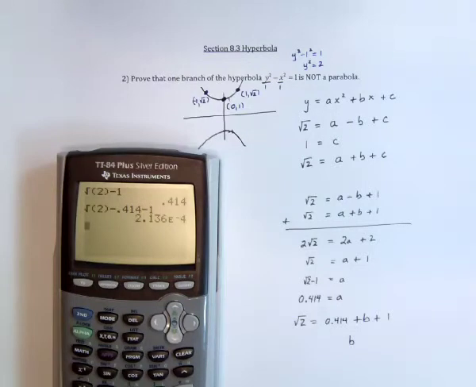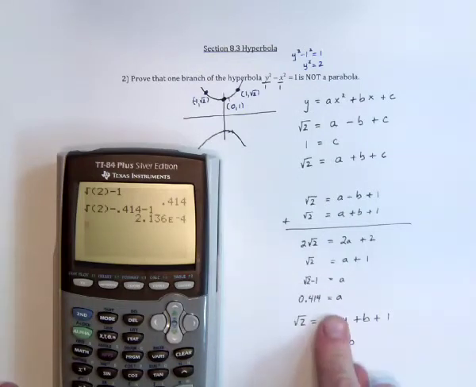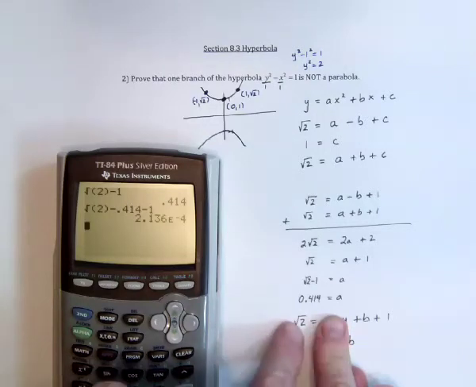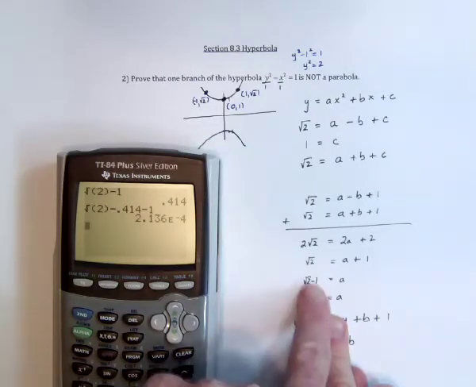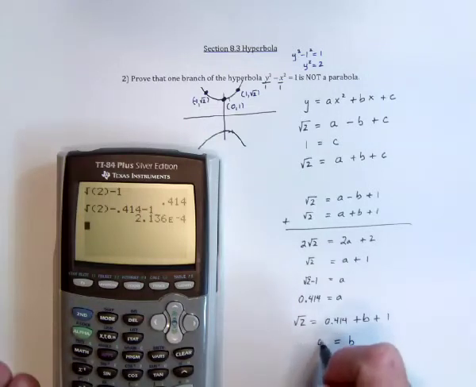And it is pretty much 0. Let me do the whole thing in the calculator. So A is, oh actually I can see it here. A is the square root of 2 minus 1. So if you put that in here, you'd have a square root of 2 on this side and that side, they cancel. You'd have a negative 1 and a positive 1, they would cancel. The B is equal to 0.